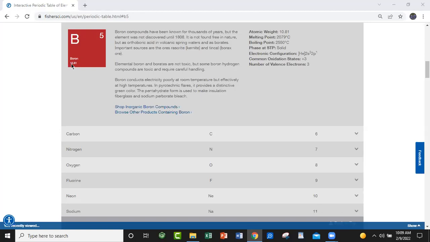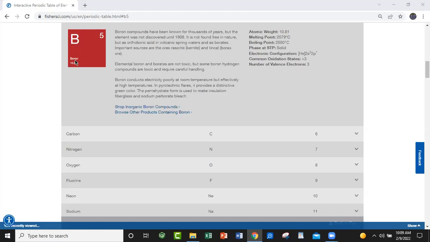But down here, this is the atomic mass. Sometimes when you see the isotopes represented, you'll see this written differently. You'll see boron written with the atomic mass in a superscript and the atomic number in a subscript.